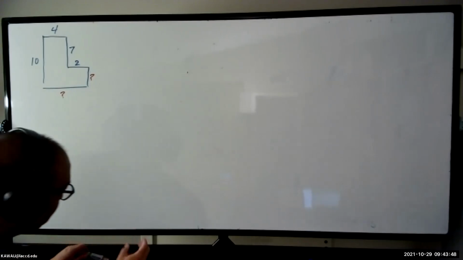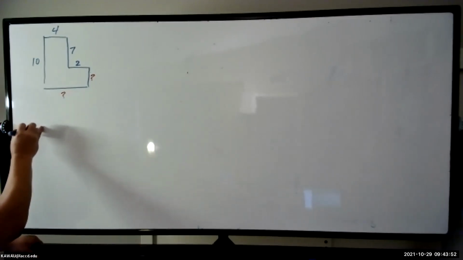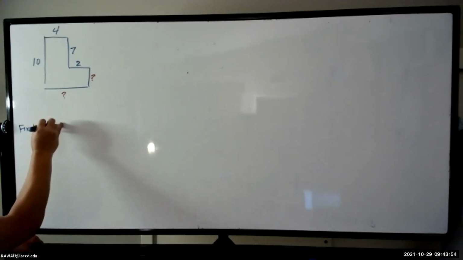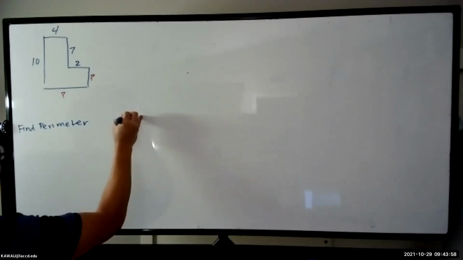So I want you to do 2 things. I want you to find the perimeter, and then I also want you to find the area.